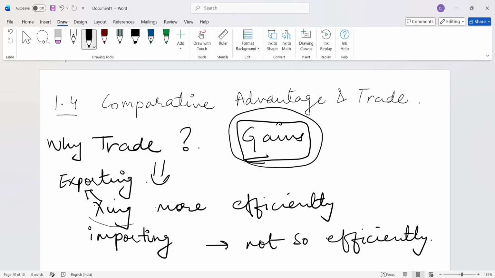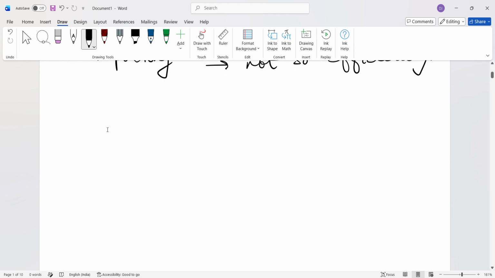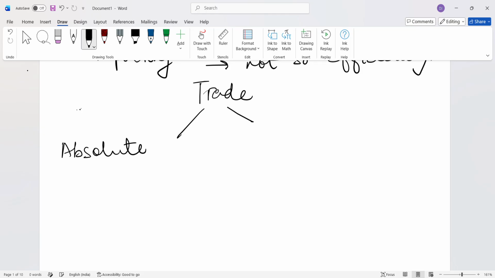All right. Now with trade in economics, we are associated with two very important terms. The first term being absolute advantage. So two important terms related to trade are absolute advantage and comparative advantage.